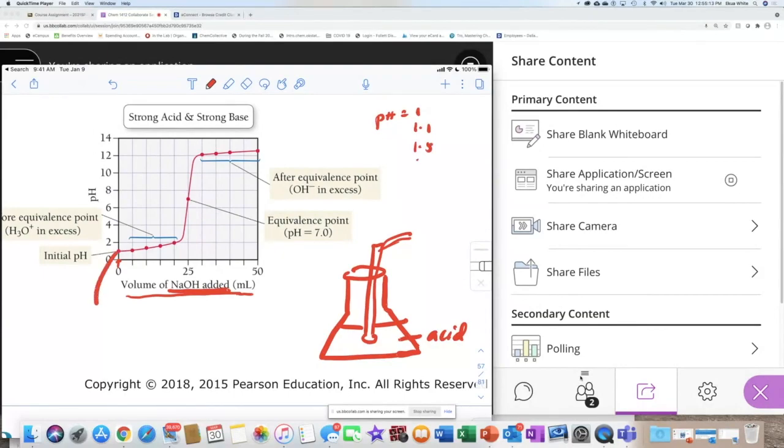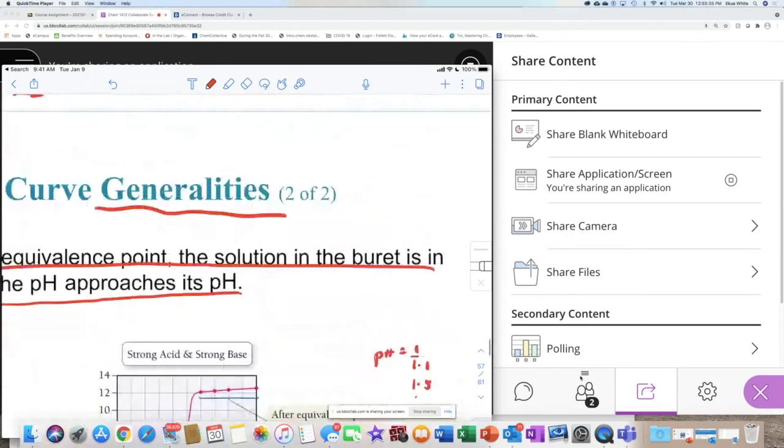A pH of 1, this is acidic pH. That means in the beginning, when the reaction hasn't yet started, what you have in your flask is an acid. Then you're adding a base to the acid. You see the y-axis is pH, so you're reading the pH as time goes by. Since the pH of the solution in the flask was 1, what was that range I told you again?